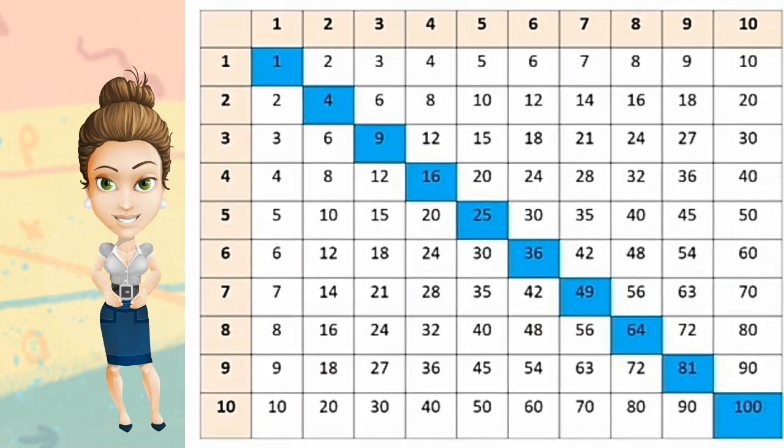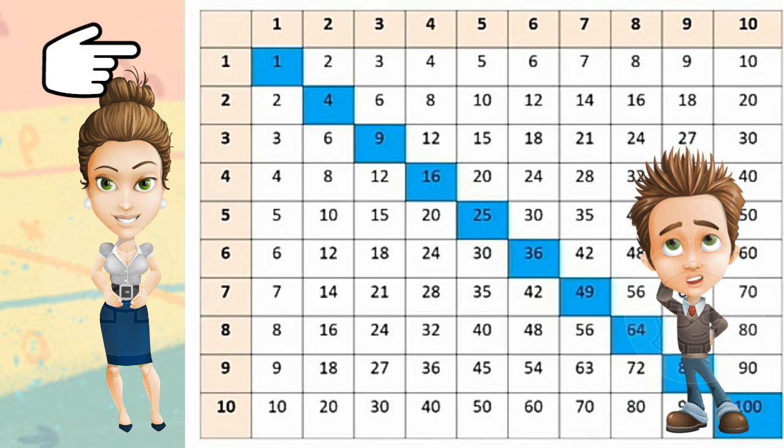As you can see in this given multiplication table, the numbers in blue are perfect squares. So, as you can see, there is no 3 listed. What we will do is look for perfect squares between which the square root of 3 lies. So, it is between what numbers?